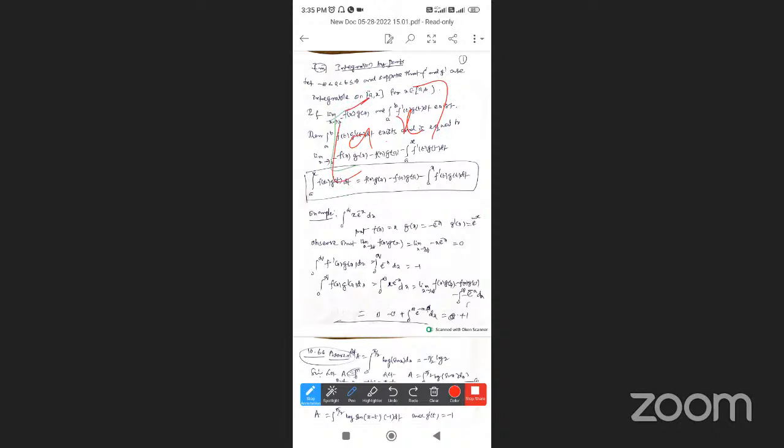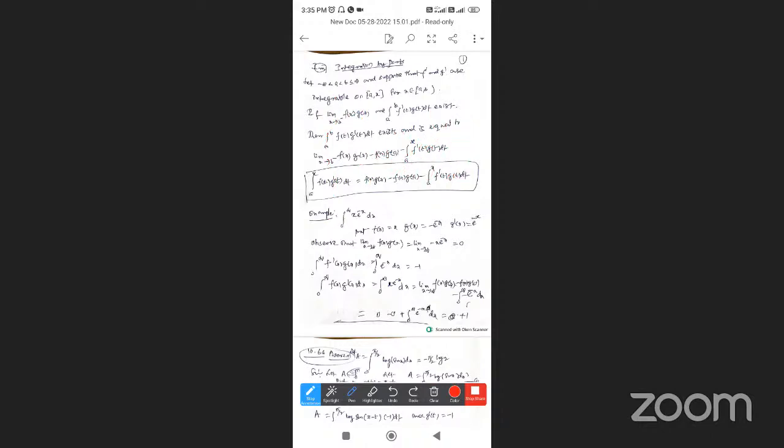This is the interval. Now this is the left limit, extending to b: minus f of x into g of x. Next, the limits a to b, f dash of t into g of t into dt. One is the derivative, the remaining is the function. The other definition is also the integral a to b of f of t into g dash of t into dt.